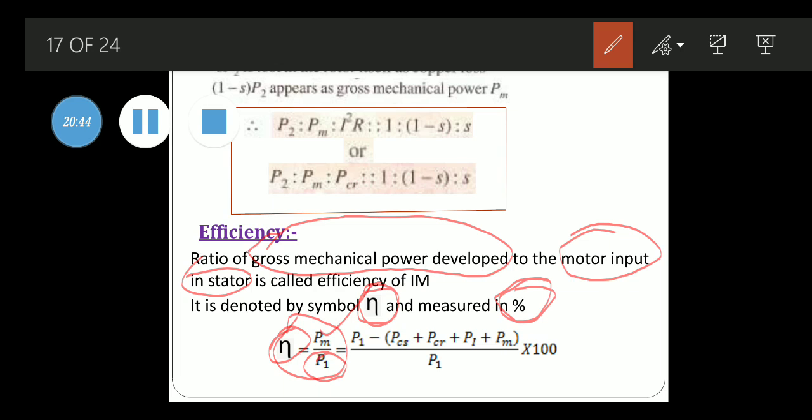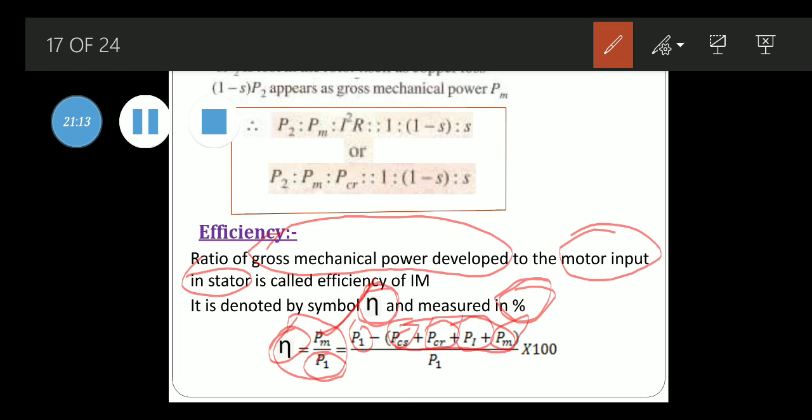So here again I can represent the gross mechanical power developed, that is the output of the motor, as input minus losses. So input is P1, then the losses I suppose to consider here are PCS, the stator copper loss, PCR, the rotor copper loss, Pi, the iron loss, and Pm, the mechanical loss.